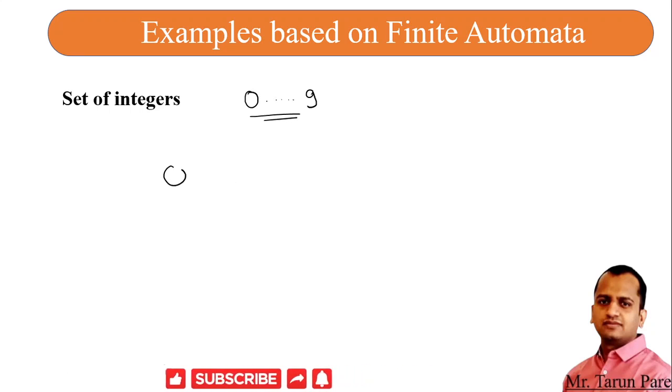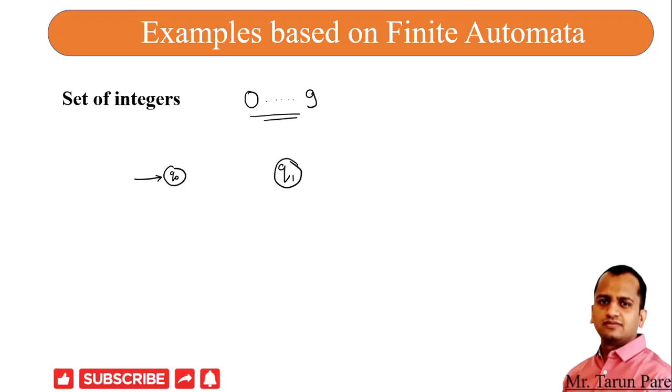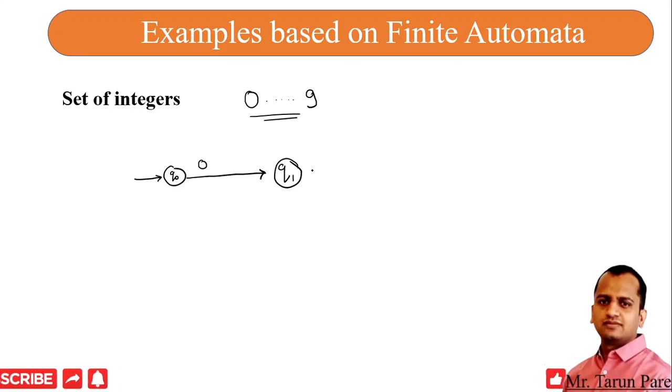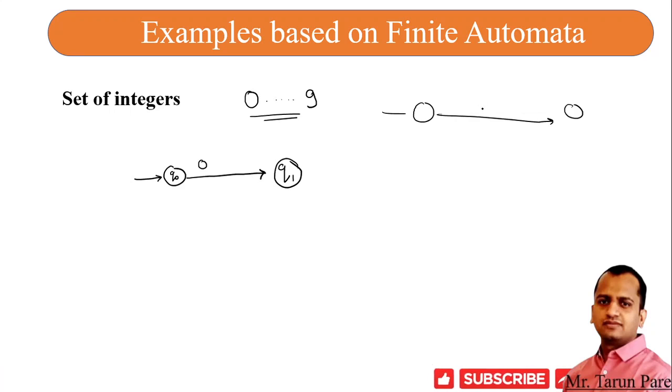For this, suppose this is your state q0 and this is the state q1. From q0 you will pass 0. Okay, one thing I want to mention is that from one state to another state you can pass more than one symbol.